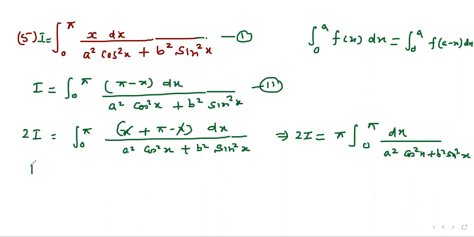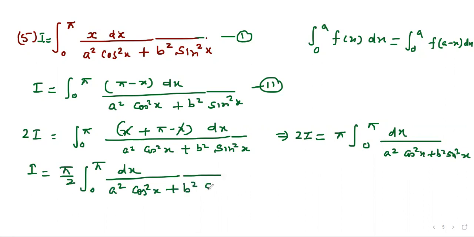We can write I equal to pi upon 2 integration 0 to pi dx upon a square cos square x plus b square sine square x. Now again, we are going to apply the property integral 0 to 2a f(x) dx equals twice integral 0 to a f(x) dx when the function is even.